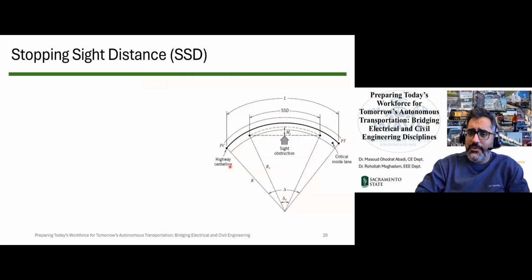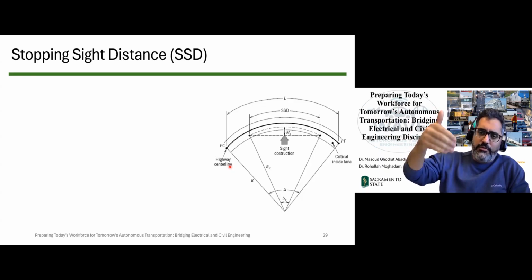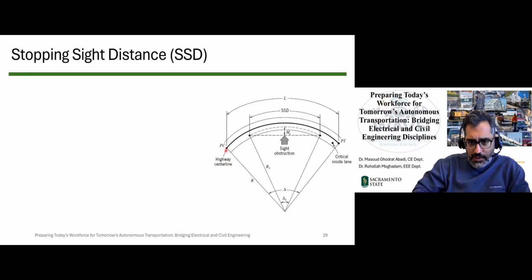We can also talk about safety on the horizontal curves, but from a different standpoint. You know, when you were going up on a crest curve, that we talked about a few minutes ago, when I was going up a vertical crest curve, the curve was blocking me from seeing the other side of the roadway. But when you are driving on a horizontal curve, there is no such thing.